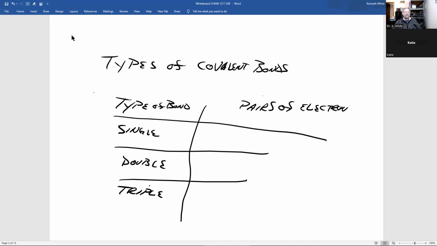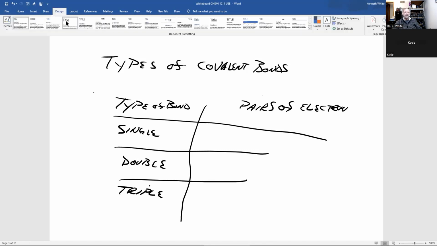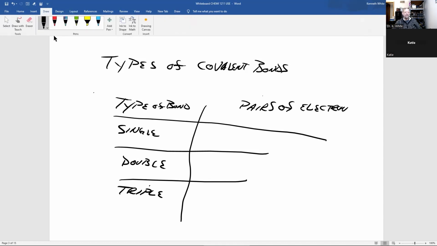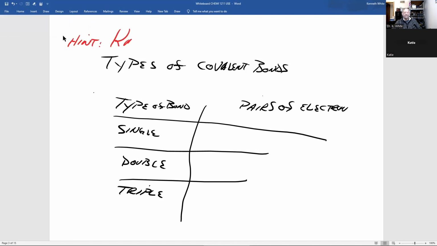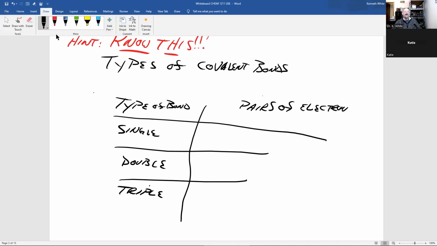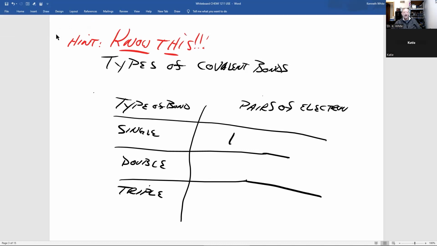Now, you should know this, and I better. A single bond is one pair of electrons, a double bond, two pairs, and triple bond, three pairs.